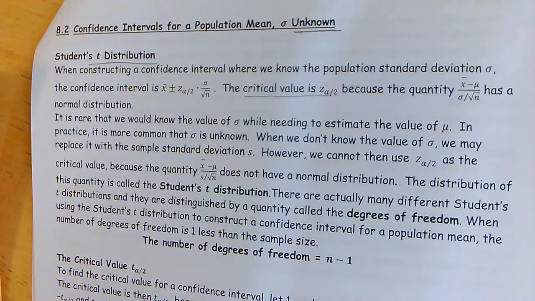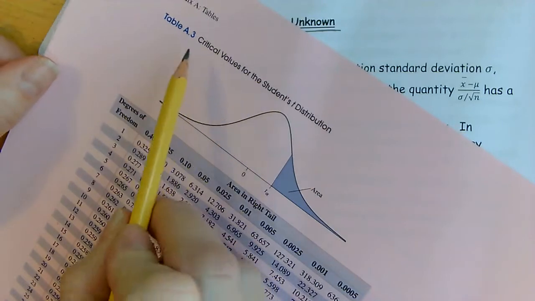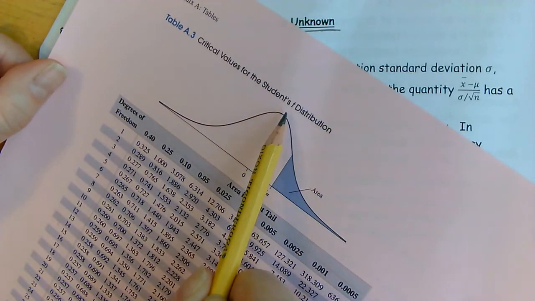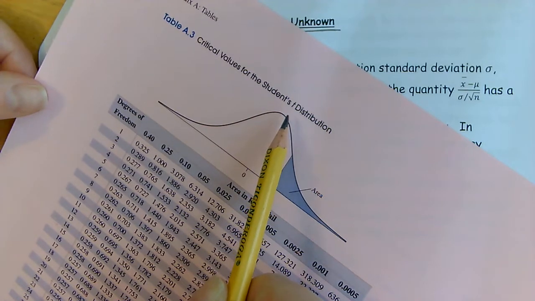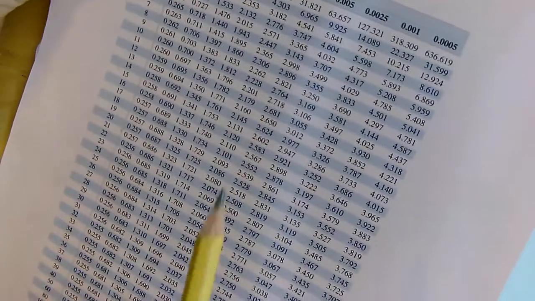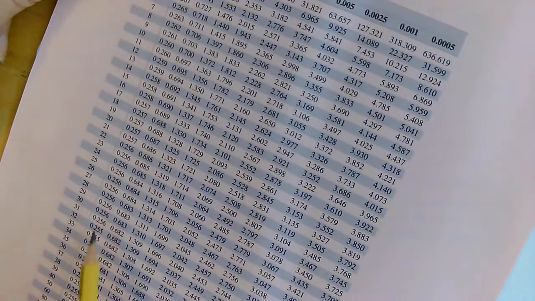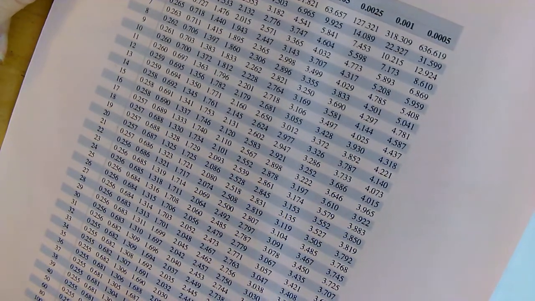And we'll have a critical t value, and that comes from our table A3, t distribution. So the first thing we're going to do is learn how to read it to get the critical t value for a certain level of confidence.